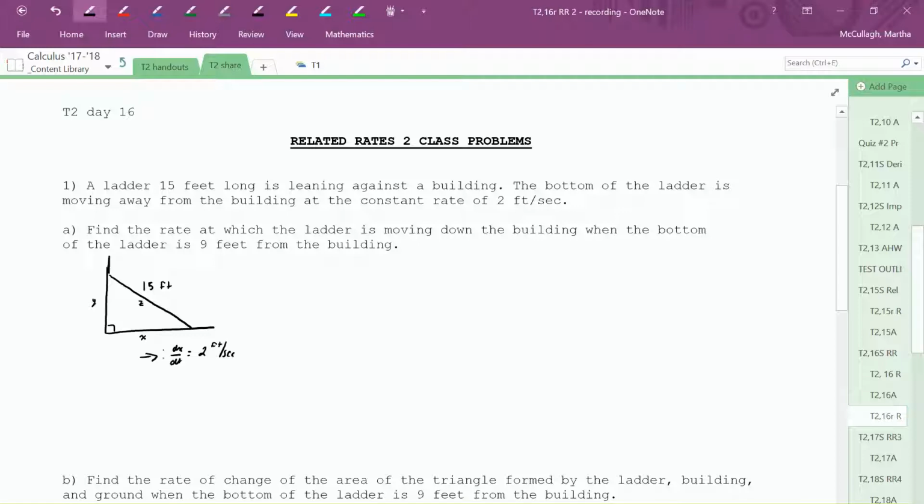As it's moving that way, X is getting larger, so we can say that dx/dt is a positive value. We want to find the rate at which the ladder is moving down the building. We want to find how y is changing. Find dy/dt when the ladder is 9 feet from the building, when x equals 9 feet.